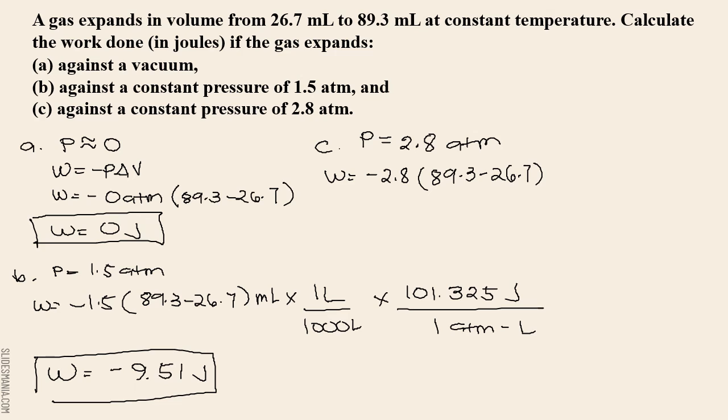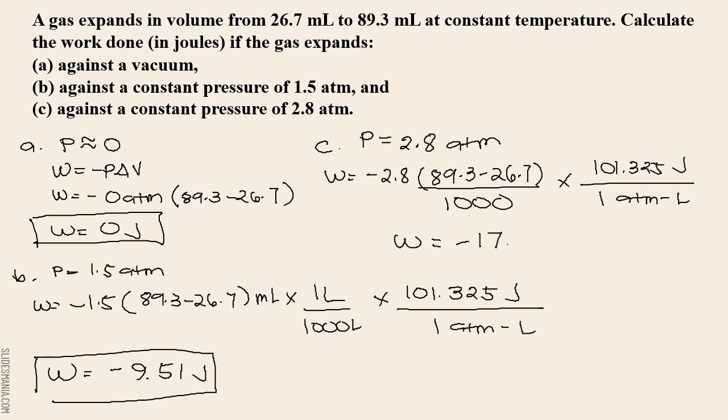Of course, this should be converted to liters, multiplied by your conversion factor. Now, what will be our work? Work is equal to negative 17.76 joules.